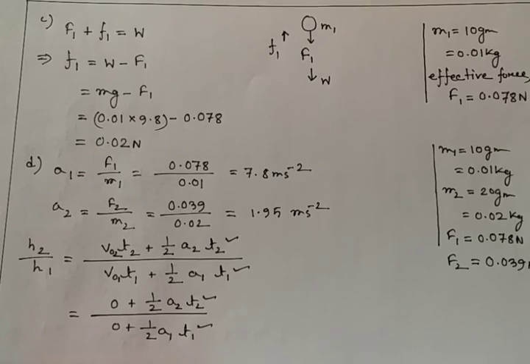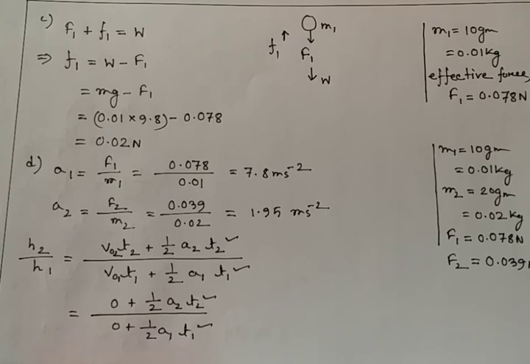The acceleration for the first object, that means the object of mass m1, will be a1 equals f1 divided by m1. f1 is given in our question, m1 is also given, so we can determine the acceleration a1, that will be 7.8 meter per second square.